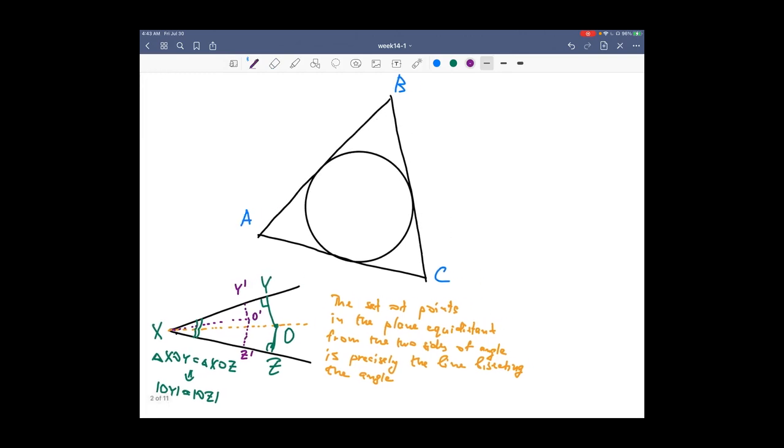I encourage you to think about points in the plane outside the angle. We're only talking about points that lie inside the angle. But what happens if you take a point somewhere on the outside of the angle?